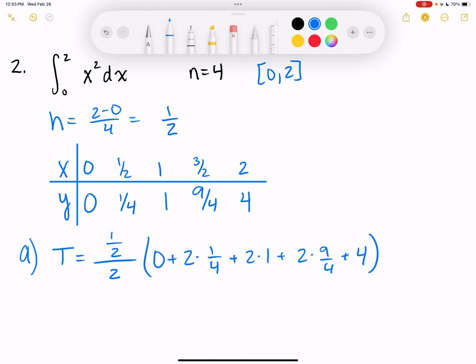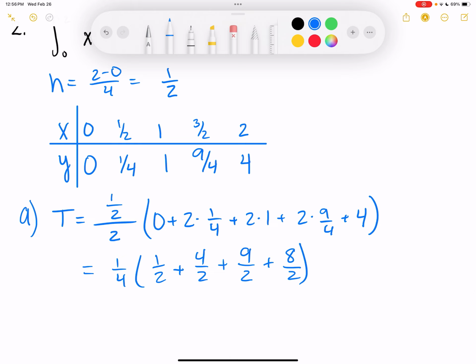So that ends up being 1/4 times 1/2 plus 4/2, I'm just doing this to get the common denominator, plus 9/2 plus 8/2. So that ends up being 1/4 times 10, 22 divided by 2, 11.